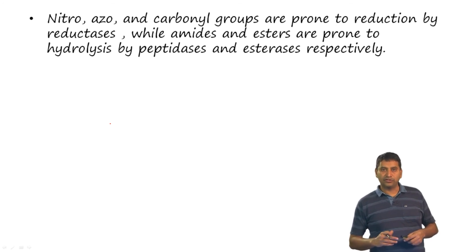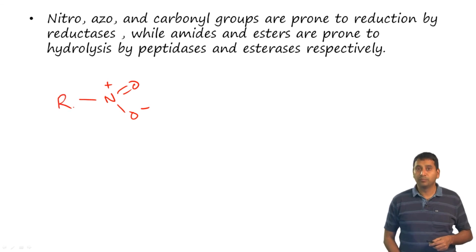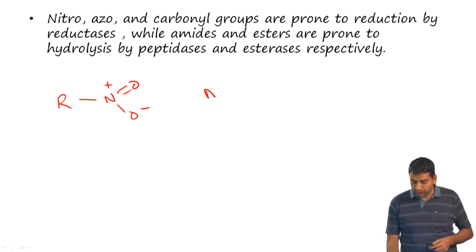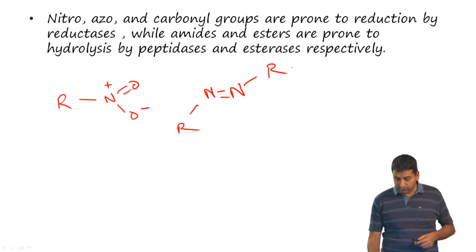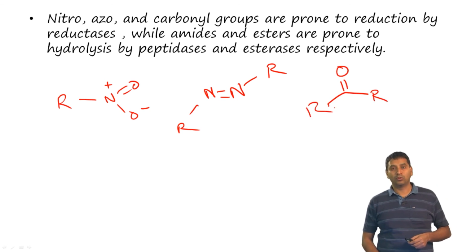Other groups such as the nitro group, which is N double bond O minus, the azo group, which is N double bond N, and carbonyls, which is C double bond O, are more prone to reduction.